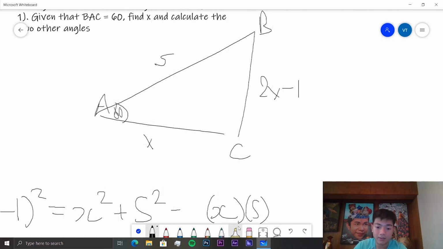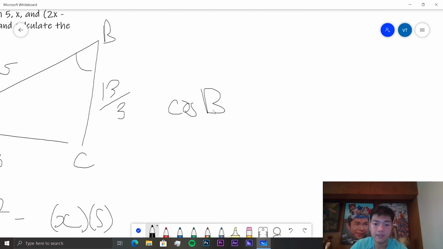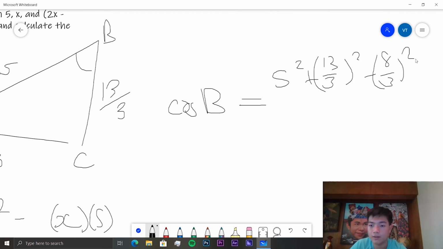So if this is 8/3 and this is 16/3 minus 1, which is 13/3. Let's calculate the other two, and we only really need to calculate one. Let's do this one. So we have cosine B is equal to 5 squared plus 13/3 squared minus 8/3 squared all over 2 times 13/3 times 5.